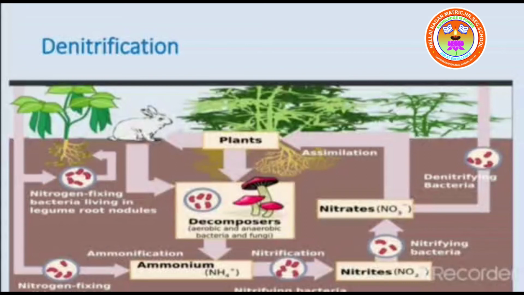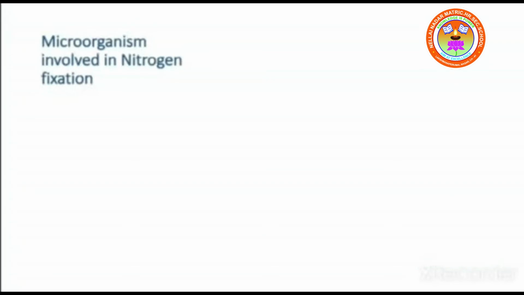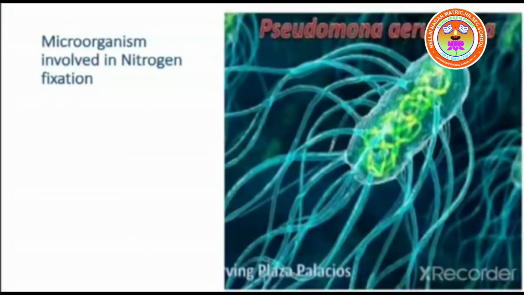Denitrification is carried out by denitrifying bacterial species, that is Clostridium and Pseudomonas, which process nitrate to gain oxygen and give out free nitrogen gas as a byproduct. The microorganism involved in denitrification is Pseudomonas.